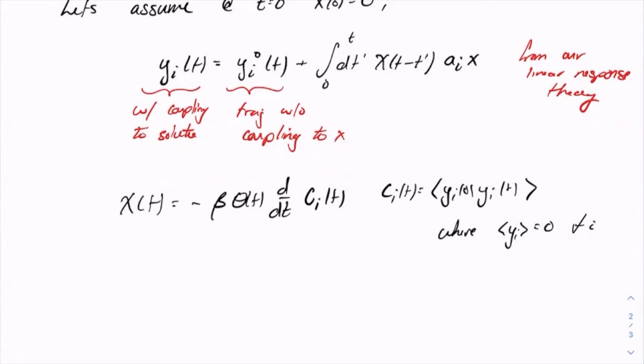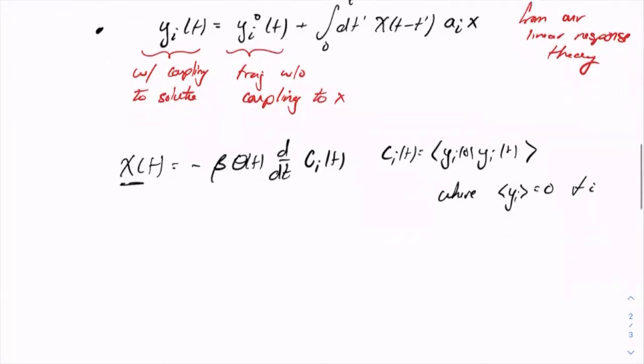So we can take this expression for how the bath degrees of freedom evolve in the presence of the coupling, which, again, if these are harmonic degrees of freedom, would be exact. So to the extent that their fluctuations are Gaussian, this is exact. And we can rewrite it having introduced this chi parameter, this response function.